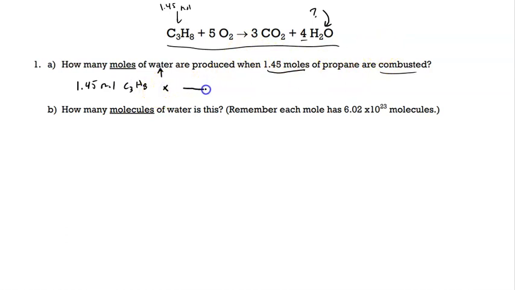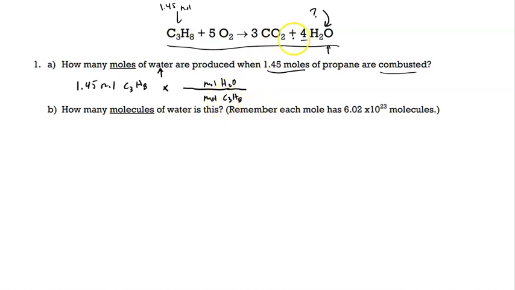All right. So a ratio in this sense is going to be set up like a fraction. Whatever we're starting with goes on the bottom when we multiply, okay? And then whatever we're trying to find, in this case moles of water, goes on top.